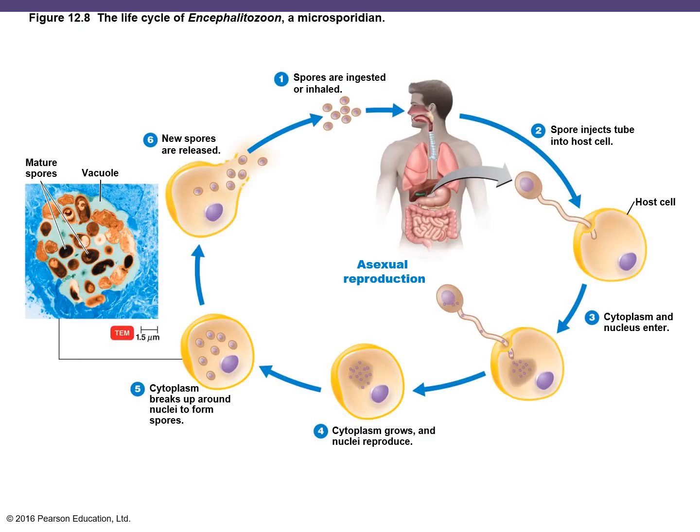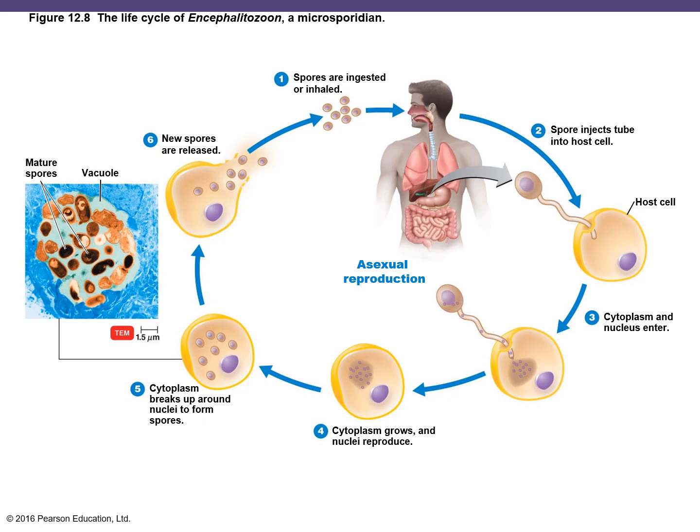And here is the life cycle of one of the microsporidians. We call it Encephalitozoon intestinalis. It causes a disease called microsporidiosis, and it's an emerging opportunistic infection among immunocompromised patients and the elderly.